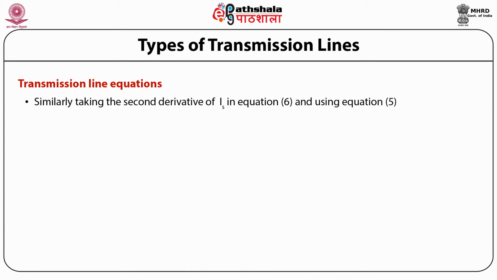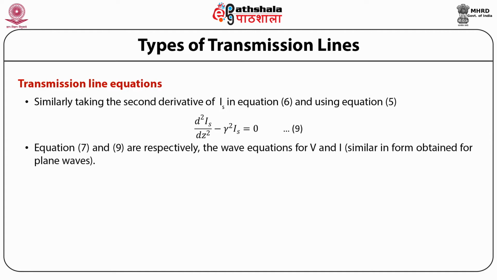Similarly, taking the second derivative of Is in equation 6 and using equation 5, we get d²Is/dz² minus γ²Is equal to 0. So equation 7 and equation 9 are respectively the wave equations for V and I, similar in form to those obtained for plane waves.